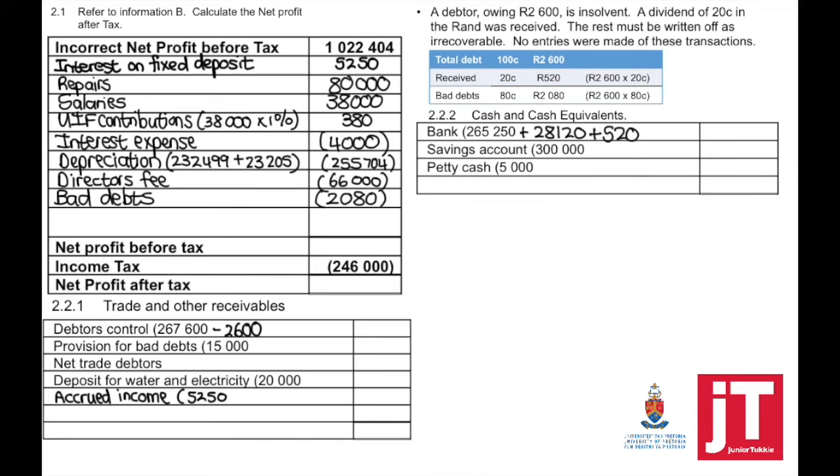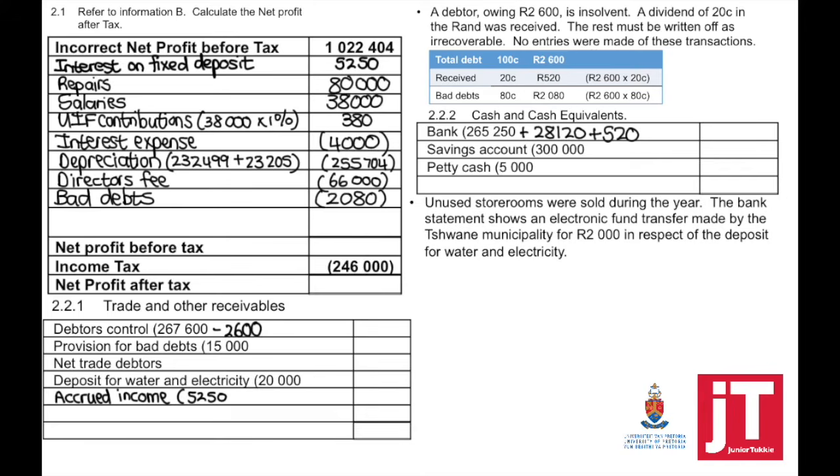You could have either said minus 2,080 minus the 520, or you could just say the 2,600. In my cash and cash equivalents, we've received 520. This is why we're going to add it to the amount from the pre-adjustment trial balance.